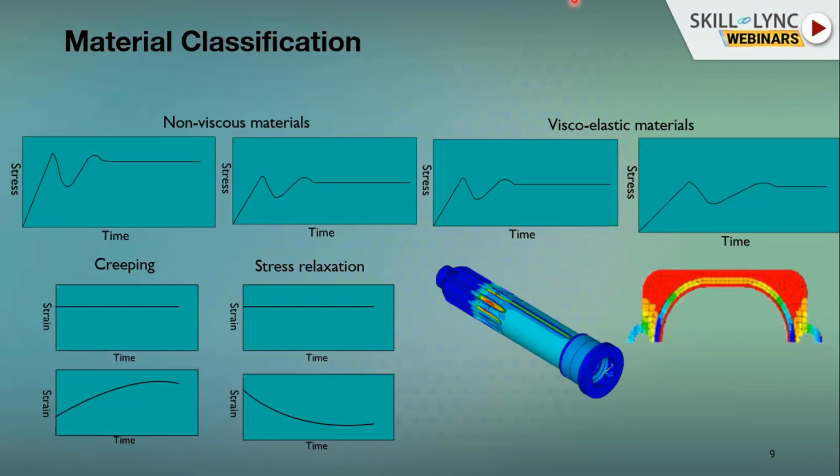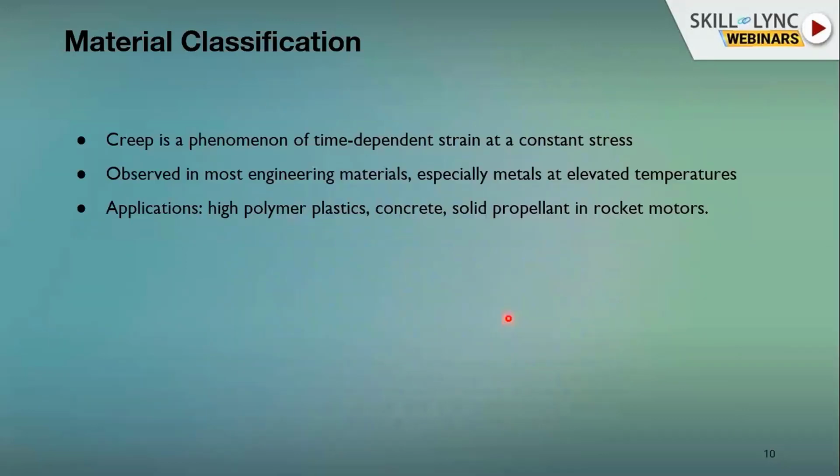And this one that you see is a contact kind of shaft wherein a small pinion gear inserts into it, a press fit. Press fit is a sort of manufacturing operation, and at that time the material should not deform much, and it also experiences contact nonlinearity. As we had seen, creep is a phenomenon of time-dependent strain at a constant stress.